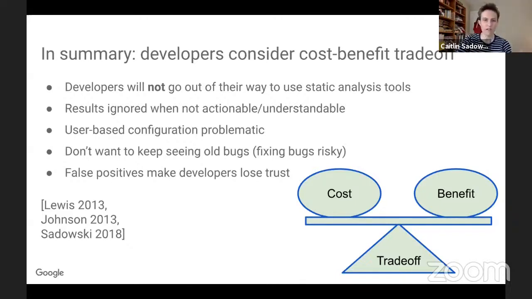I'll talk more about that in a little bit. And you don't want to keep surfacing old bugs. Fixing a bug is a risky thing for code that is not changing often because you could introduce a new problem, for example. And false positives really make developers lose trust. And trust is something that, in addition to it being bad to lose trust, when you have gained trust, you can capitalize on that and take advantage of it.